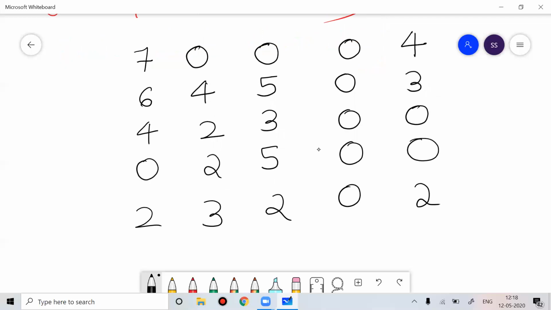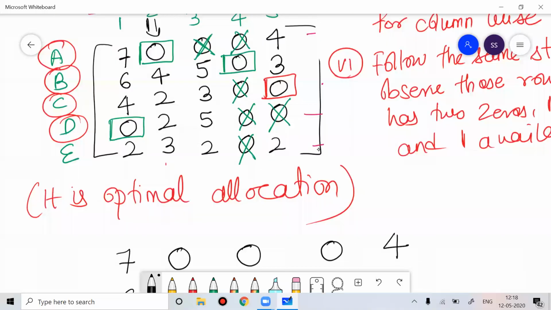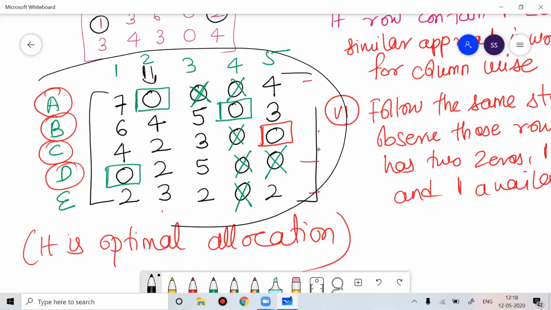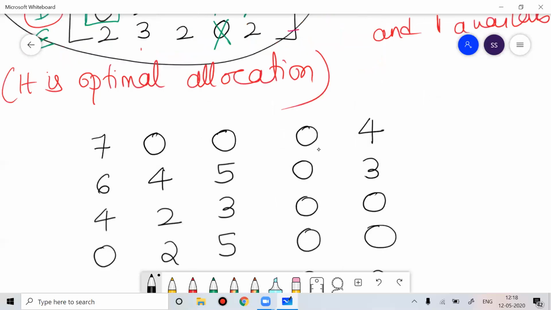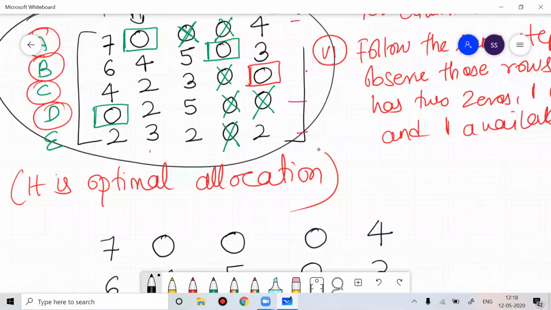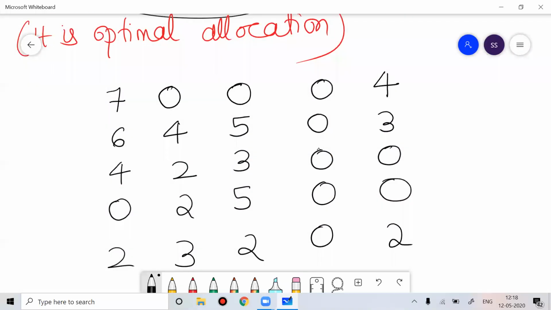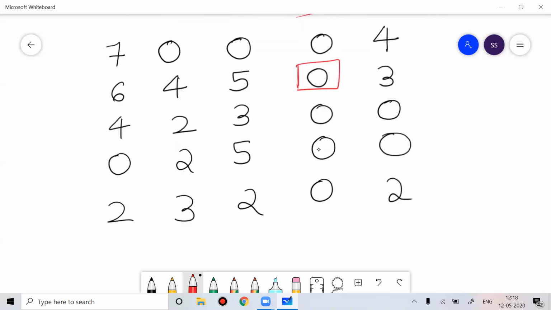Okay, if you observe, the same thing I'm writing here, I've written here. I hope you see this is not the optimal allocation. So how did we allocate? First, in the second row we had done allocation, so we cancelled all the zeros of this row and column.